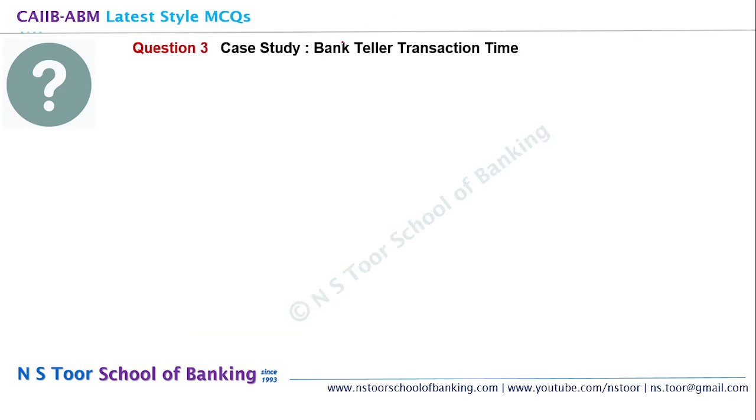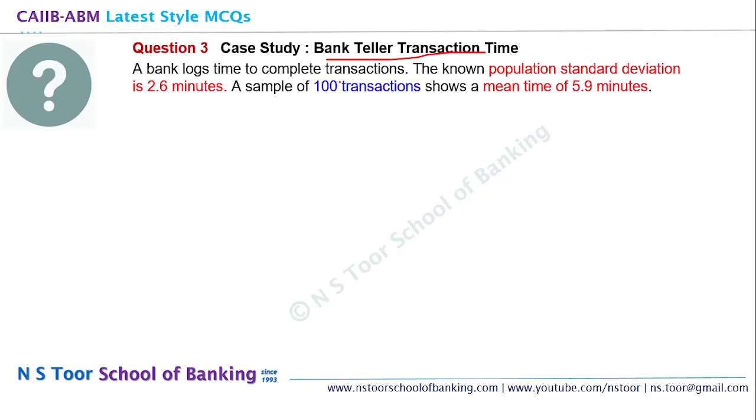Next question, बैंक टेलर ट्रांजैक्शन टाइम, बैंक जो टेलर सर्विस प्रोवाइड करती है उसके ऊपर नेक्स्ट क्वेश्चन है. ए बैंक लॉक्स टाइम टू कंप्लीट द ट्रांजैक्शन, द नोन पॉपुलेशन स्टैंडर्ड डेविएशन इज 2.6 मिनट्स.